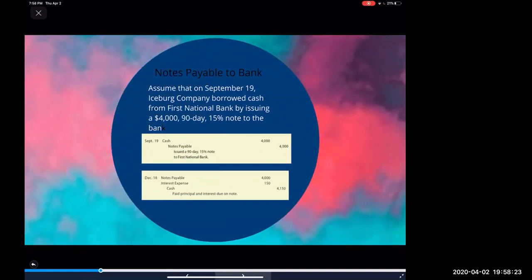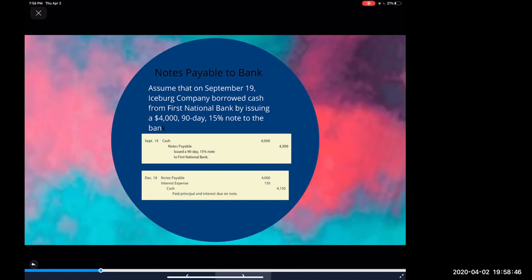Okay, so now let's take it from the example of what we're most, I guess, used to. Assume that on September 19, Iceberg Company borrowed cash from First National Bank by issuing a $4,000, 90-day, 15% note to the bank.